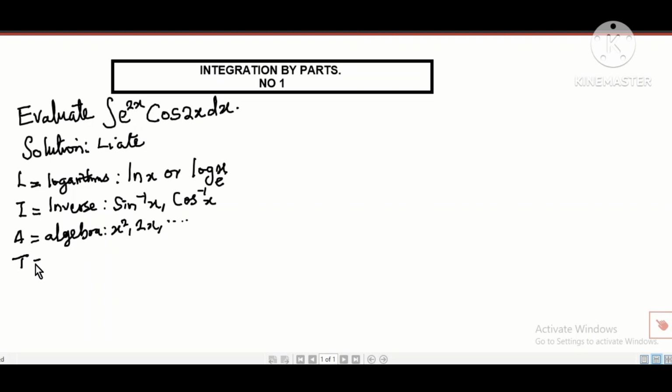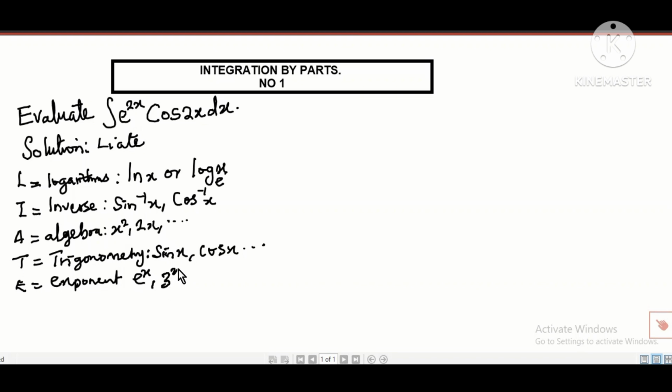Then T represents trigonometry, and that trigonometry can be seen just like you have sine x and cos x and so forth, okay? And then E is the same thing as the exponent, just like the one we have in this question, probably e to the power x, or let's say 3 to power x, and so on and so forth.